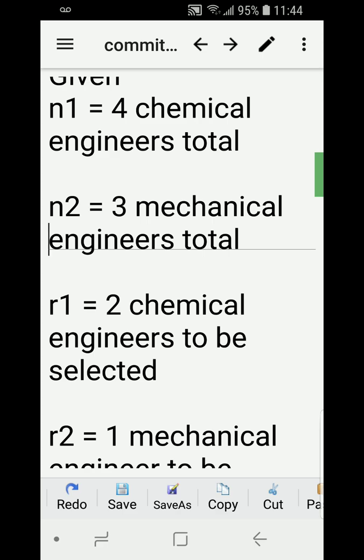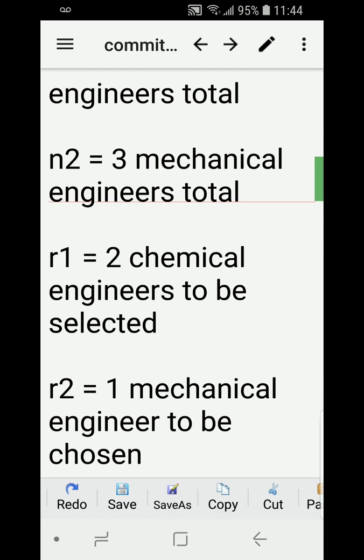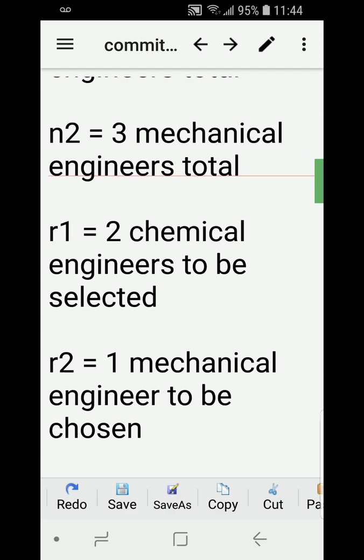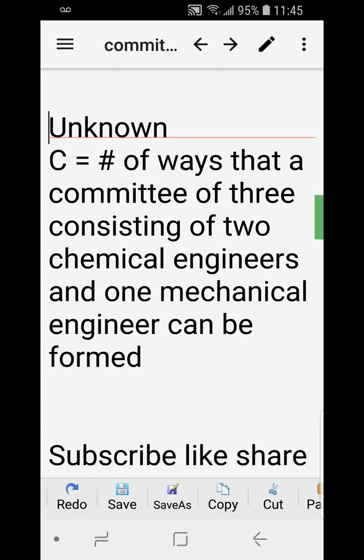So we represent those given by N1, N2, R1 and R2 respectively. And so the unknown is to solve for the number of ways that a committee of 3 consisting of 2 chemical engineers and 1 mechanical engineer can be formed. It's a little tricky, this one, but we'll get through it.